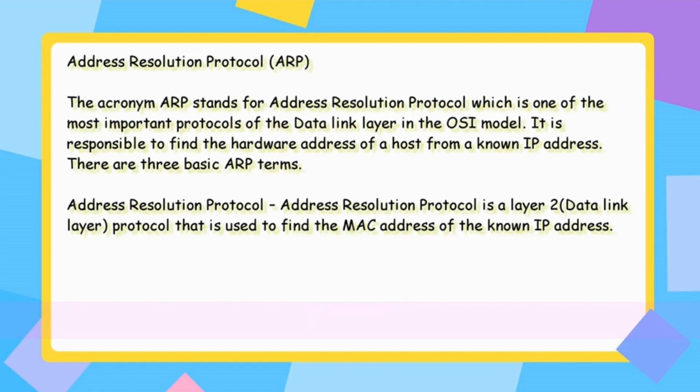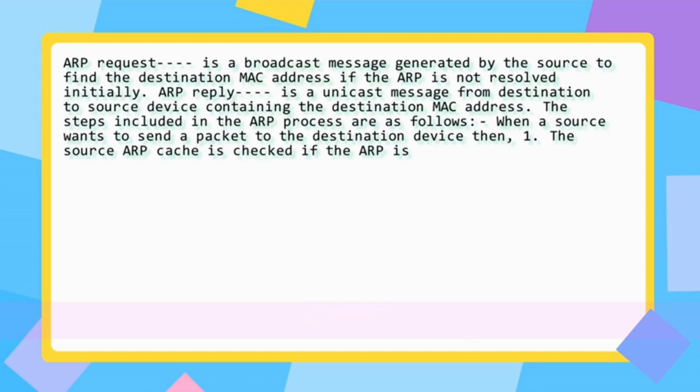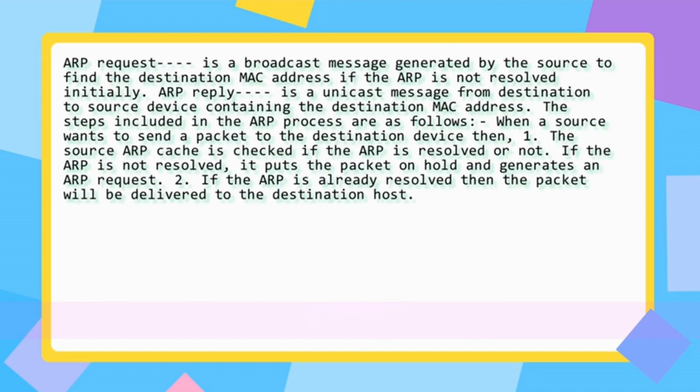Address Resolution Protocol is a layer 2 data link layer protocol that is used to find the MAC address of a known IP address. ARP request: it is a broadcast message generated by the source to find the destination MAC address, if the ARP is not resolved initially. ARP reply: it is a unicast message from the destination to the source device containing the destination MAC address.